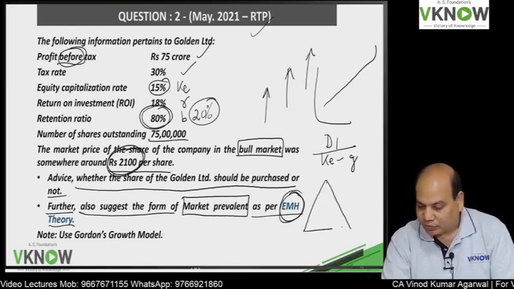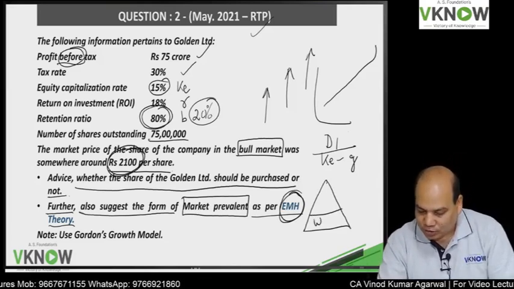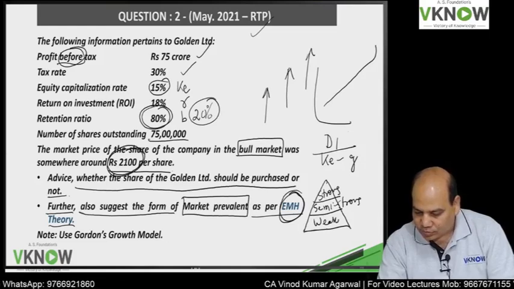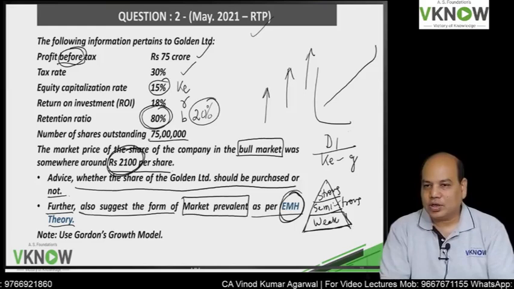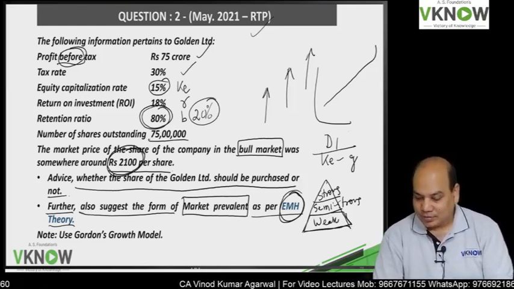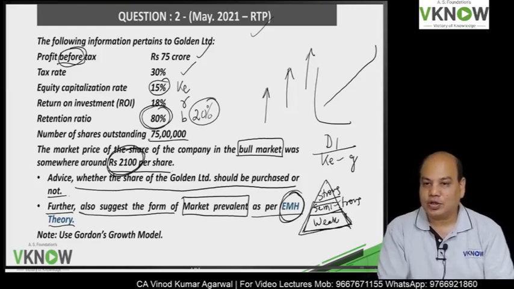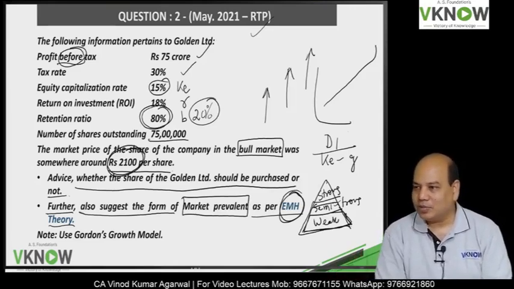There are 3 levels of market efficiency: weak form, semi-strong form, and strong form. Weak form means technical analysis is useless. Analyzing the past data is useless. Semi-strong means technical and fundamental analysis is useless. The market already incorporates all the available information.